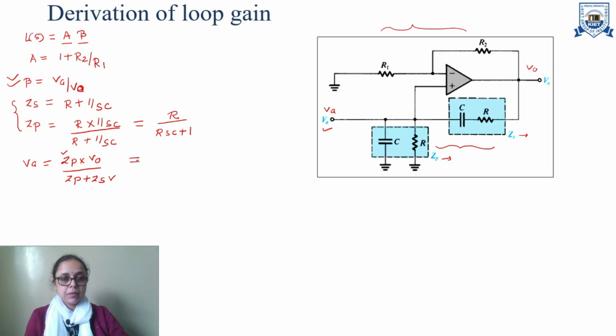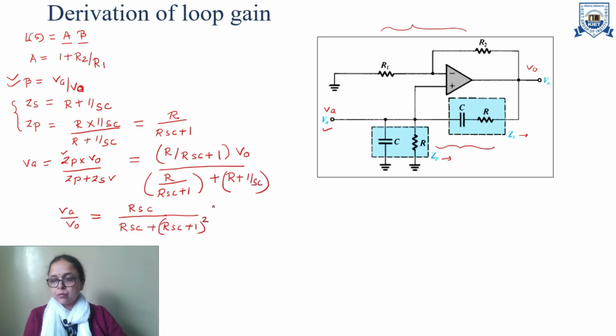So Zp is R divided by RSC plus 1, multiplied by the factor VO divided by Zp plus Zs, where Zp is again R upon RSC plus 1, and Zs is R plus 1 upon SC.